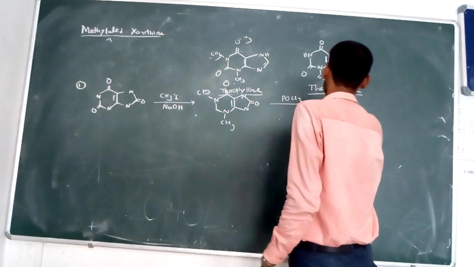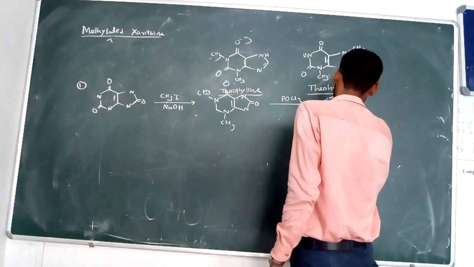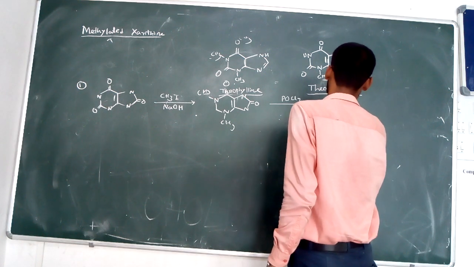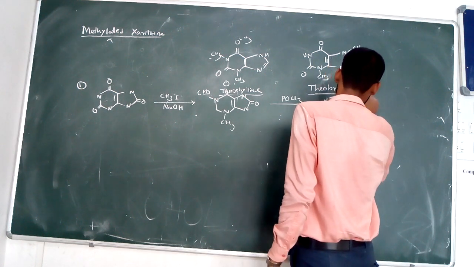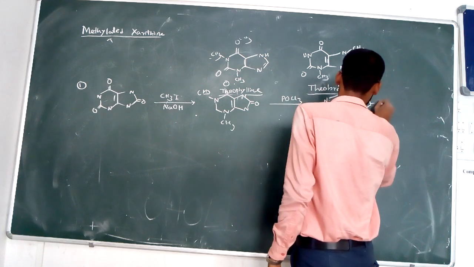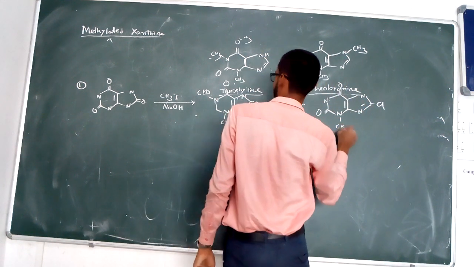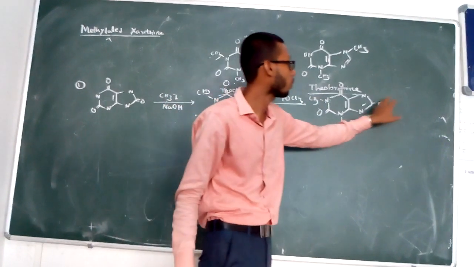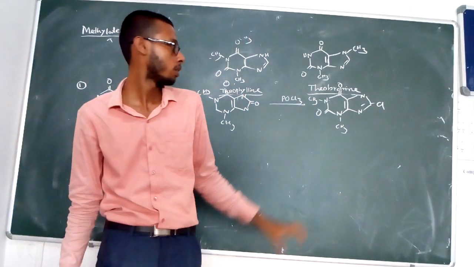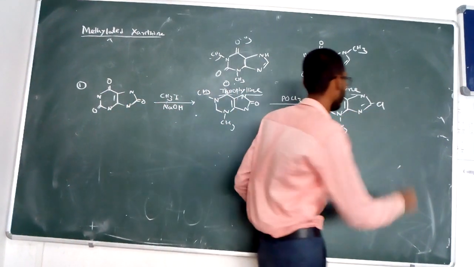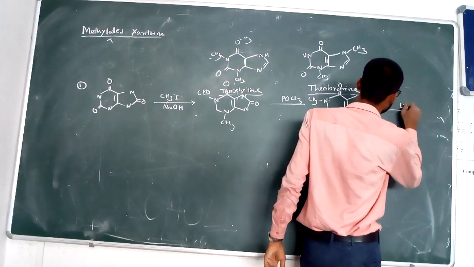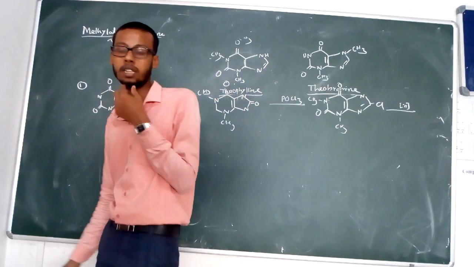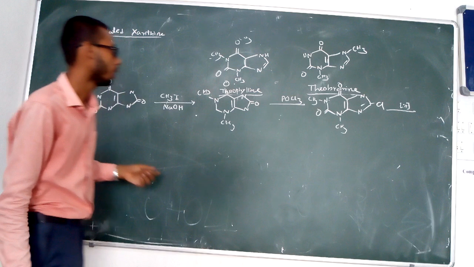So this ketonic group is chlorinated at the 8 position. That is easily dechlorinated by using a reducing agent, and here is the reduction to give 1,3 dimethyl xanthine, or you can say that is theophylline.